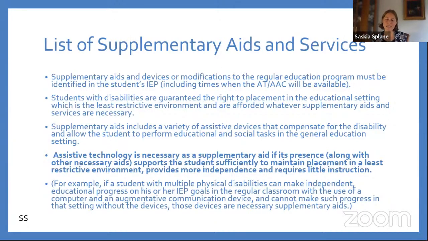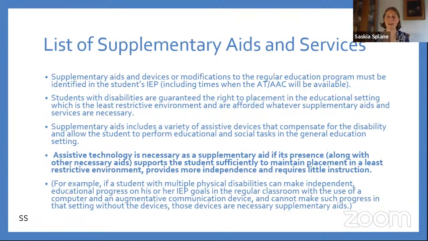The original intent of the supplementary aids and services was as a spot to put assistive technology that is used by students who use it relatively independently. They don't need a bunch of training on it, they're just using it.